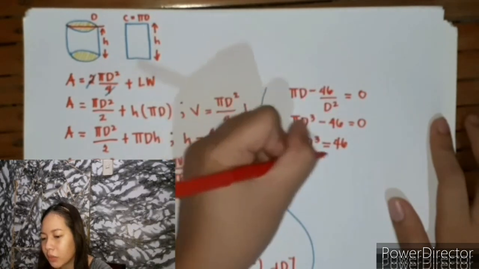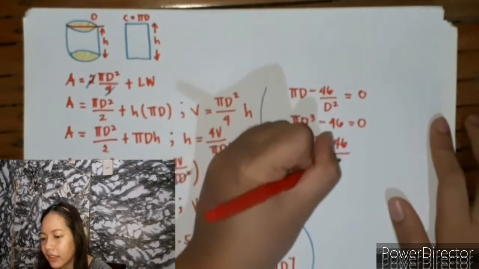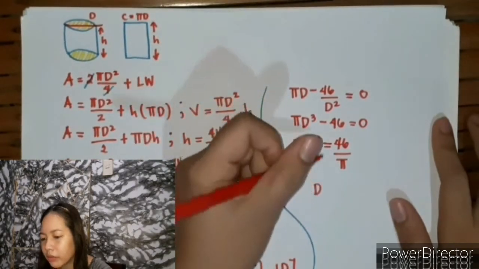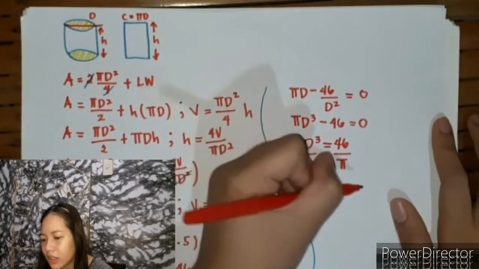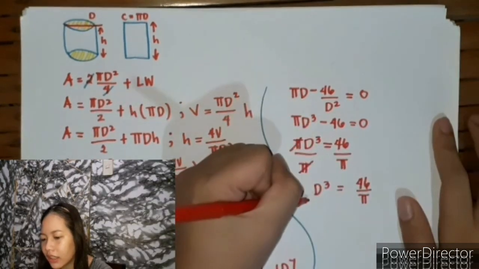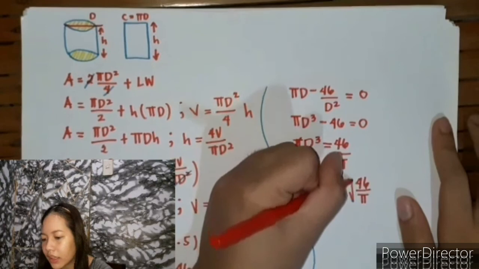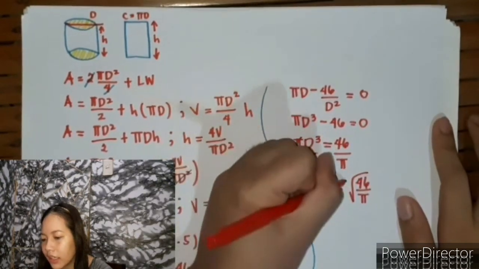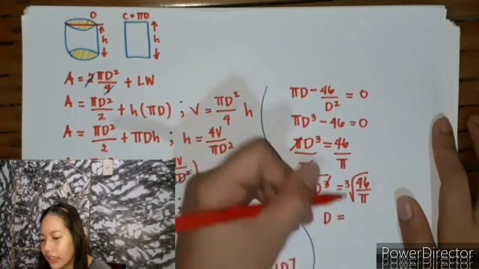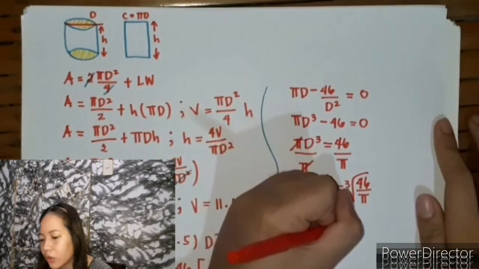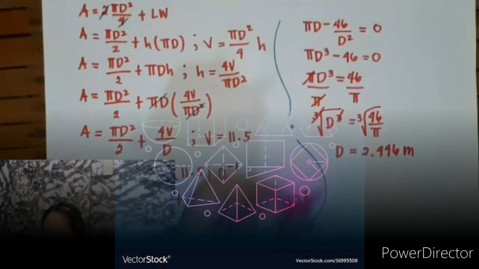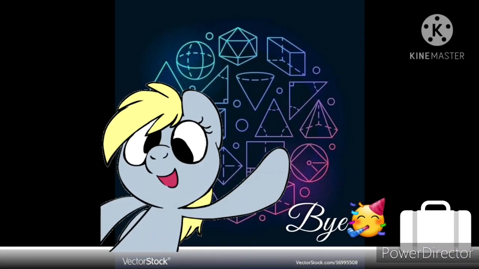And then we will divide both sides by pi. It will be cancelled out, and then d cube will remain is equals to 46 all over pi. To get rid of the cube, we need to get the cube root of both sides, and it will be cancelled out, and d is equals to 2.446 meter.